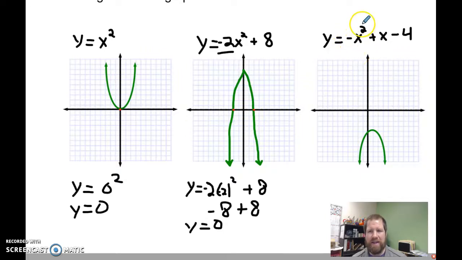And at the least, so at 1 or 0, this -x squared and this x are going to cancel each other out, right? And -4 is going to bring me down into the negatives. If I'm opening downward, I start with a negative y. I'm never going to cross the x-axis. Okay, so there won't be any zeros.